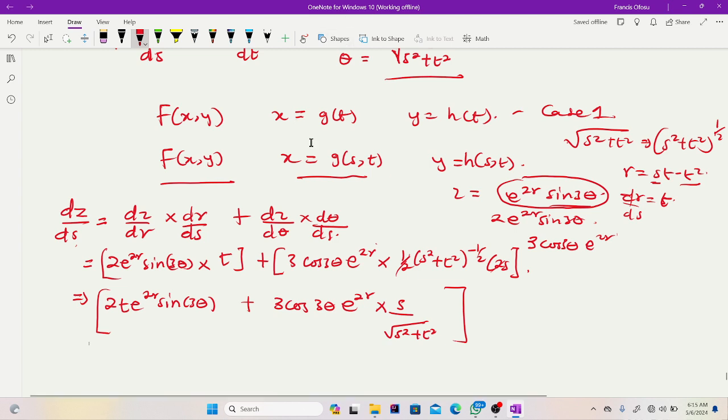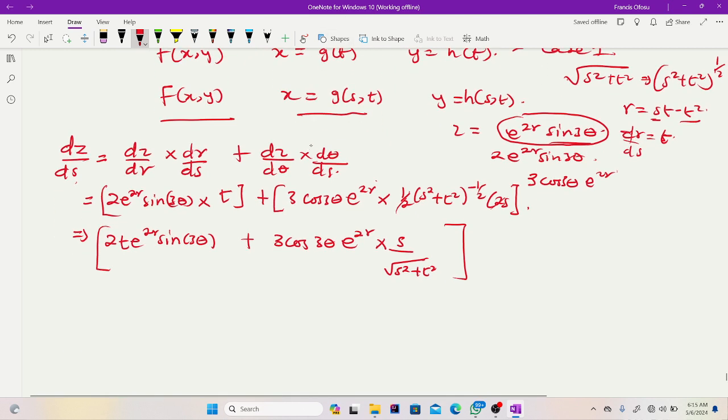So at this point, the question asks us to find the dz over ds. So we need to make substitutions, right? Wherever you see r, we put what r is there. Wherever you see theta, we put what theta is there.